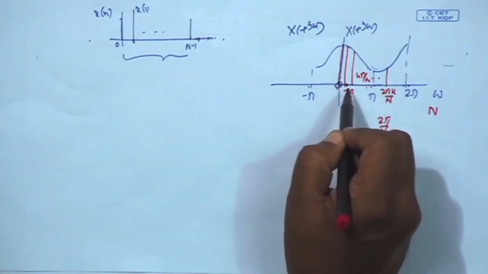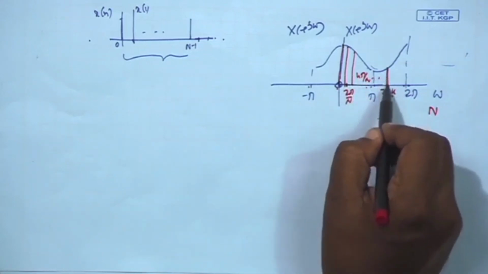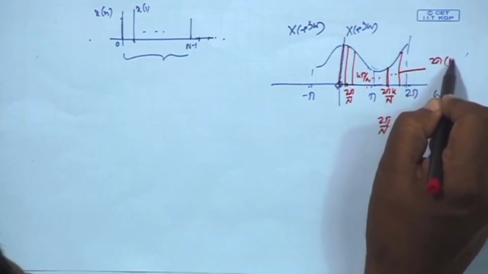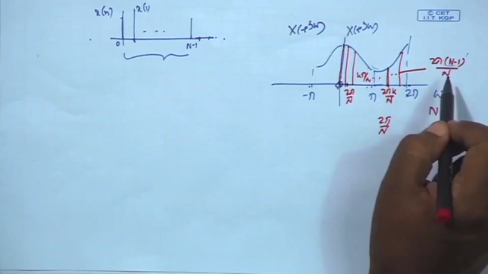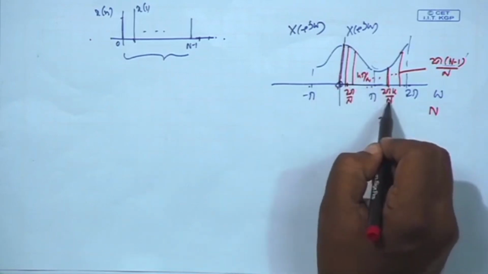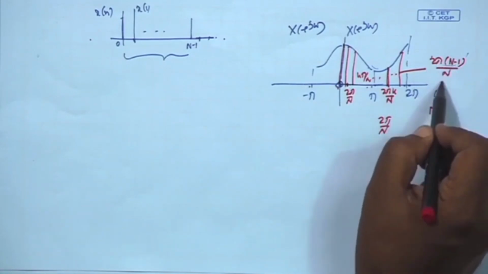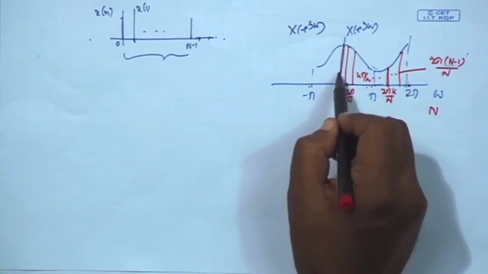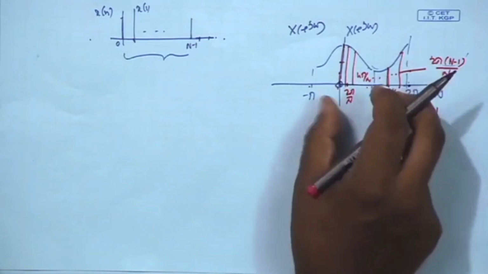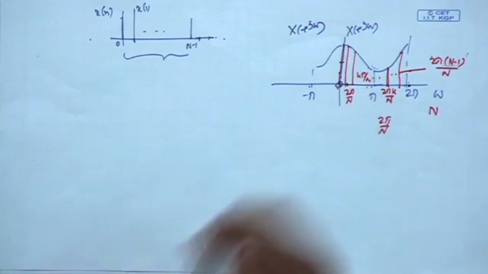So, 0th sample at 0, first sample at 2 pi by N, second sample at 2 into 2 pi by N, that is 4 pi by N, kth sample 2 pi k by N, and it will go up to 2 pi into N minus 1 by N, the N minus 1 th sample. Next sample will be 2 pi into N by N, which is 2 pi, which because of periodicity is the same as the first one. So, we will not go up to that. How many samples? 0 to N minus 1. So, total N samples. We take N samples, the period is 2 pi by N.